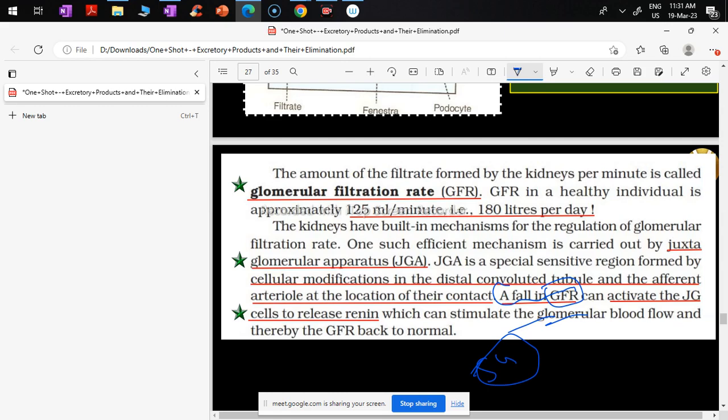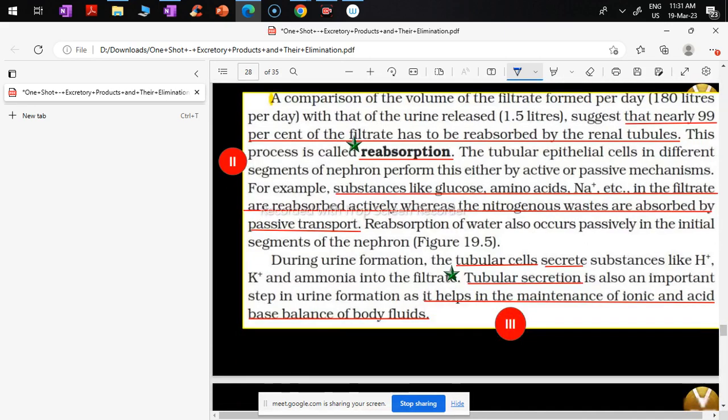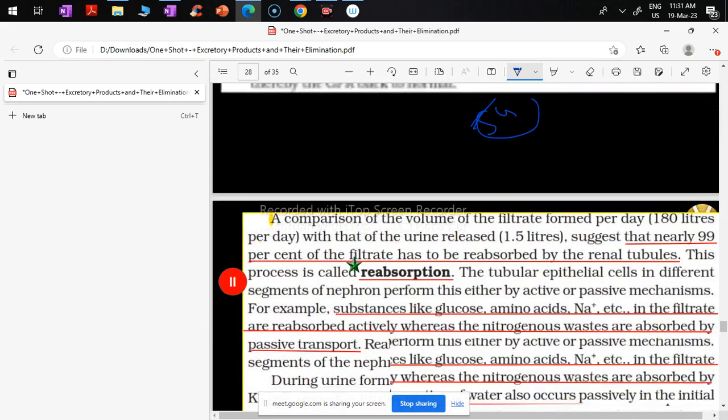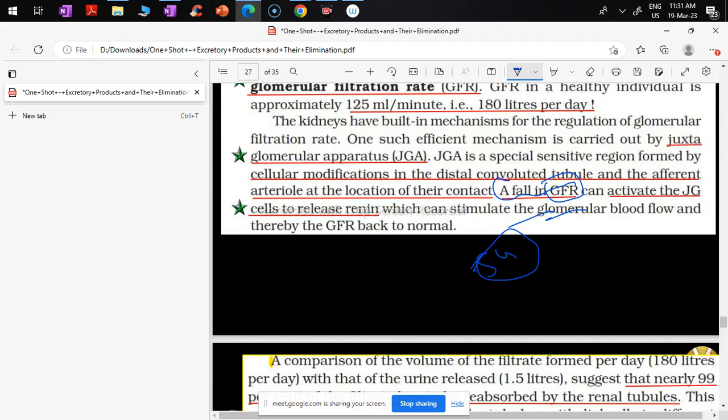Details about this we will discuss in the next lecture. Before this, try to read once up to the 19.3 paragraph, functions of tubule.